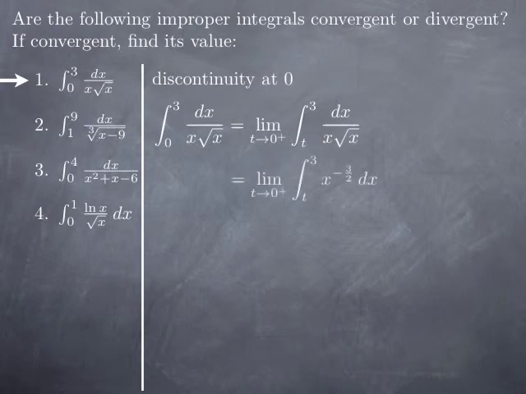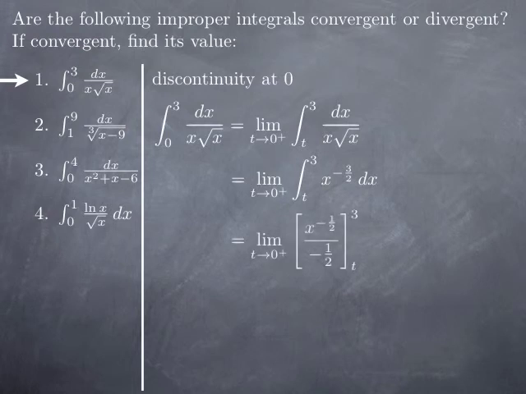And this function can be written just as x to the negative 3 halves, and that means that on the interval from t to 3, where the function is continuous, we can use the fundamental theorem of calculus, and we just need an antiderivative. Because it's a power of the variable, we use the power rule: an antiderivative of x to the negative 3 halves is x to the negative 3 halves plus 1, that's negative 1 half, divided by negative 1 half.